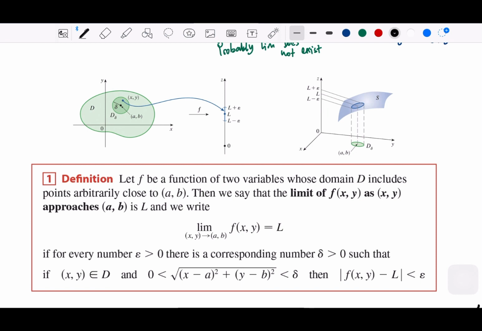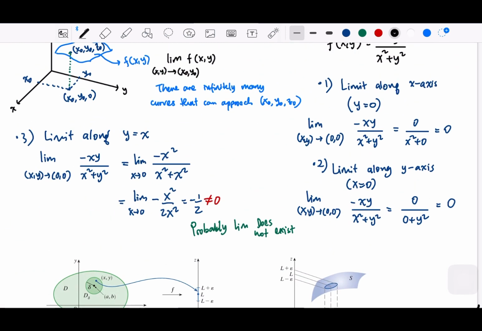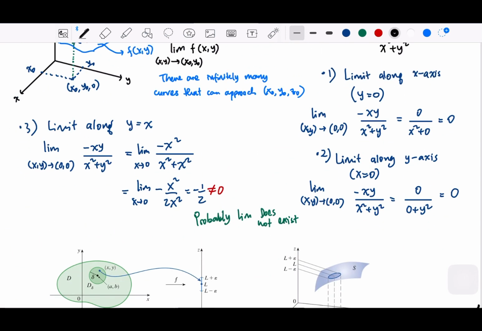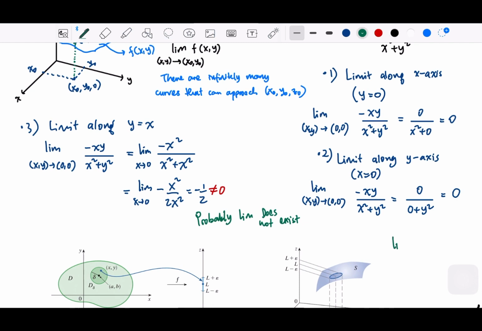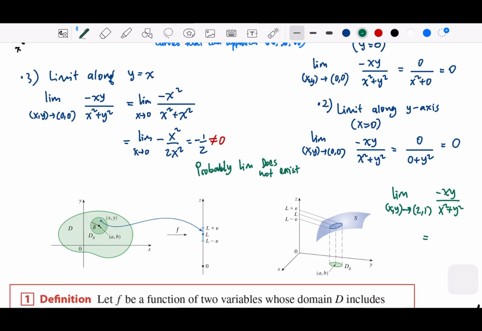Okay. For example, if we change the approach point in this example, let's say the limit is taken to 2, 1, then we can have a precise number here, which is negative 2 over 5.